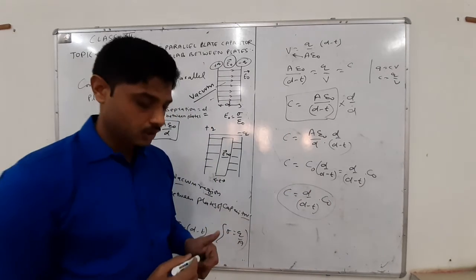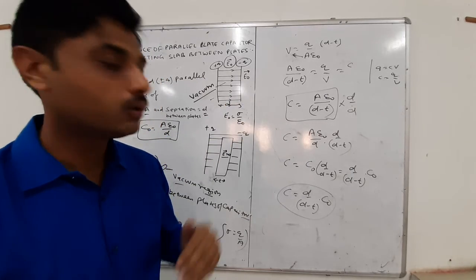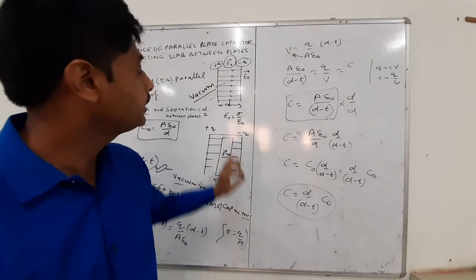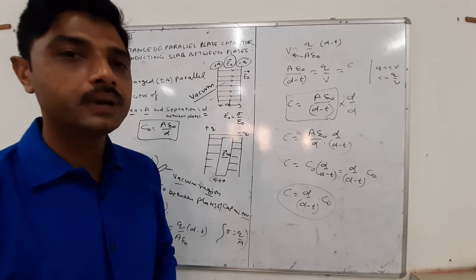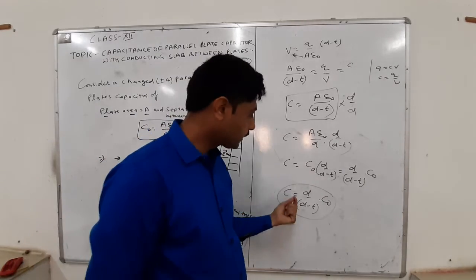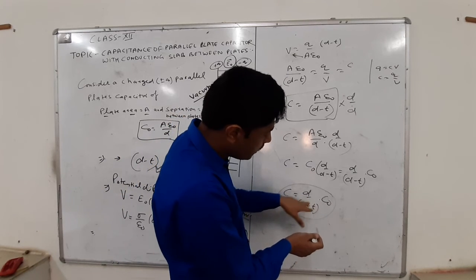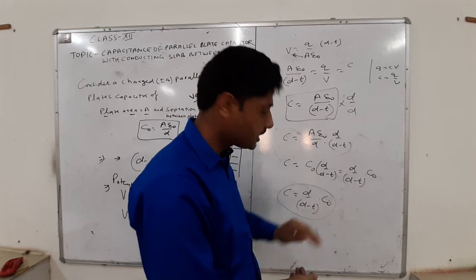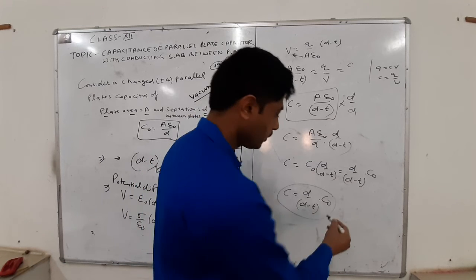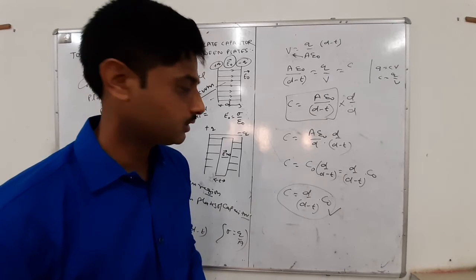It means the capacitance of a capacitor will increase when a conducting slab is placed between the plates, and the capacitance is increased by the factor D upon D minus T times the capacitance of the parallel plate capacitor.